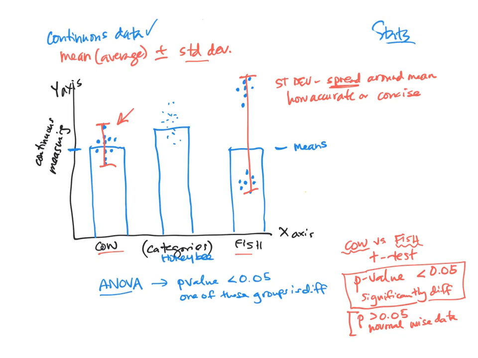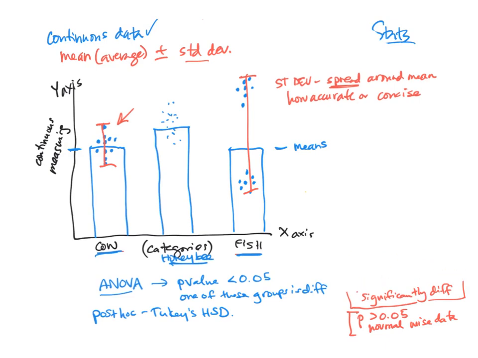In order to know which groups are different from one another, and we've got three in this case, we need to do a post hoc test or a secondary test, and I like to use Tukey's HSD. And this Tukey's HSD lets us compare each of the groups, the means of each of the groups. So let's talk just for a second about what Tukey tests actually look like.